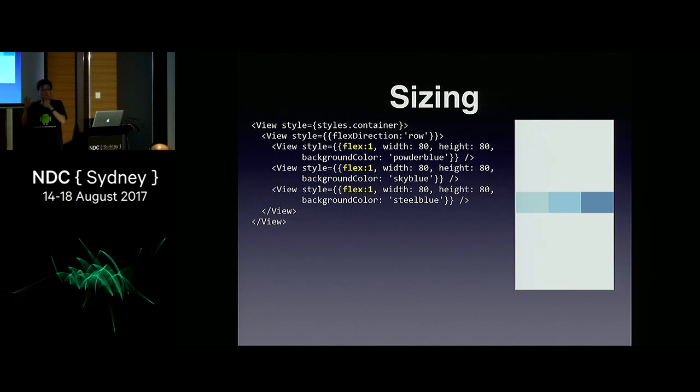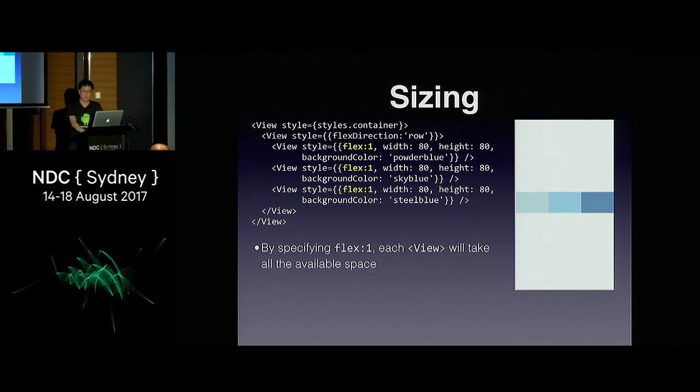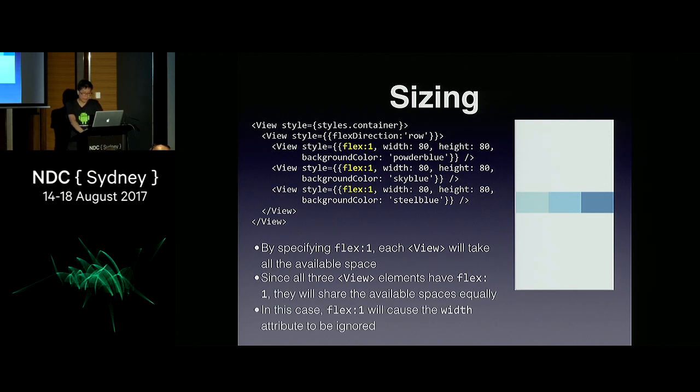So think of this as a ratio. By specifying flex 1, each view will take all the available space. Because there are three of them, they have to share. And in this case, flex colon 1 will cause the width attribute to be ignored. Even though you have a width attribute up there, it is ignored.